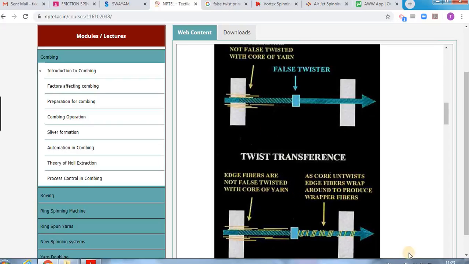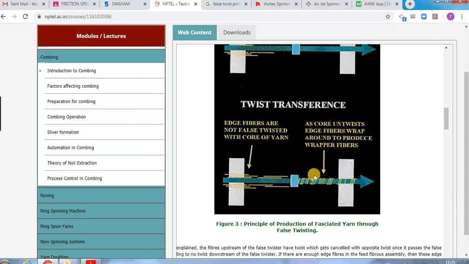But when it comes to section B, in the second diagram, you can see the edge fibers which did not get twisted in the first process will get wrapped over the parallel fibers, because the core fibers will become parallel because of the opposite twist. These edge fibers which were not twisted before will wrap over these core parallel fibers.